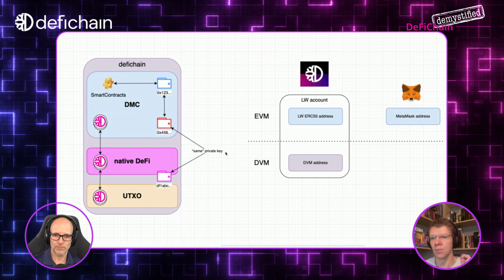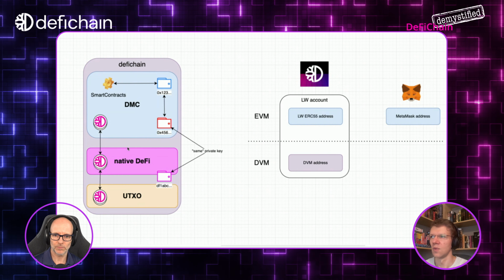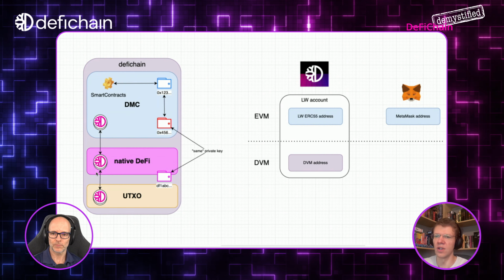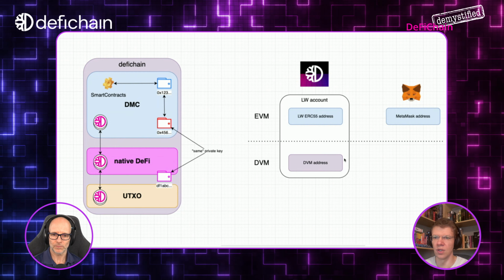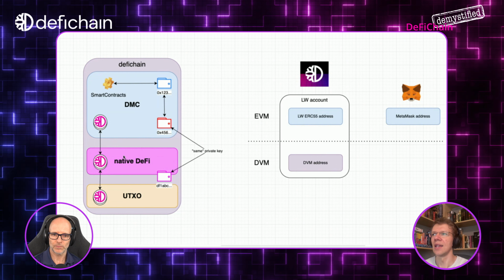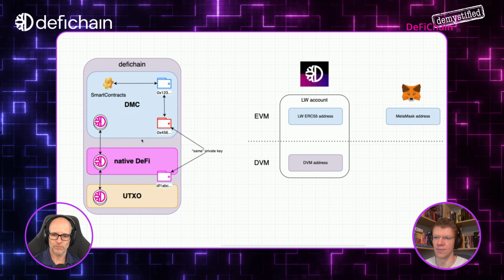But there's one important thing to note: the LightWallet can work in the lower level, on the native DeFi side, and do all the native stuff. So everything that you can do with your DVM address can be done with the LightWallet, and the LightWallet knows how to do the boundary, how to transfer funds.